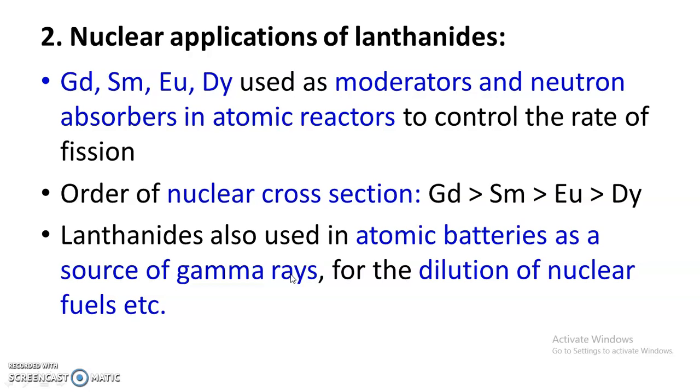They have some potential use in making X-rays and gamma rays, as radioactive materials for the treatment of cancer, and also in tracer studies. Some lanthanides are used in the treatment of cancer as well as in tracer studies. The lanthanides are also used as diluents for nuclear fuel.